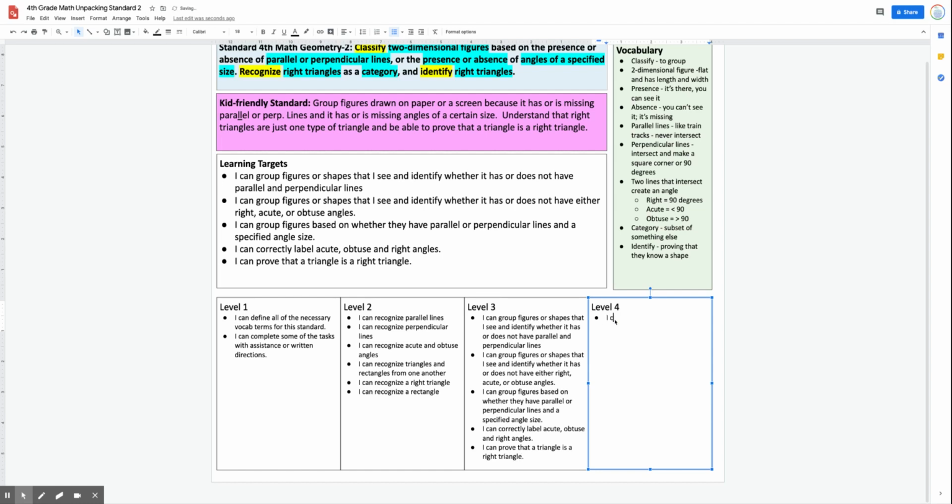So it might be I can apply my knowledge of rectangles, triangles, shapes, parallel and perpendicular lines, and acute, obtuse, and right triangles in some new and unique way.